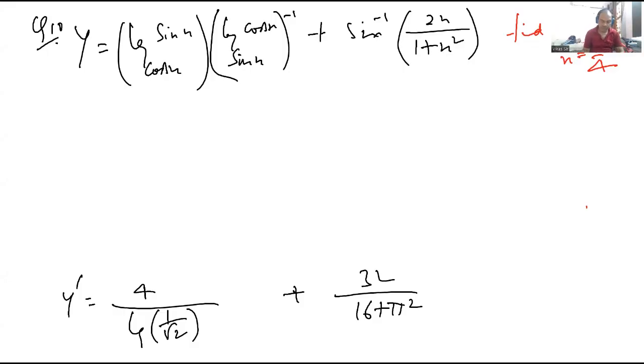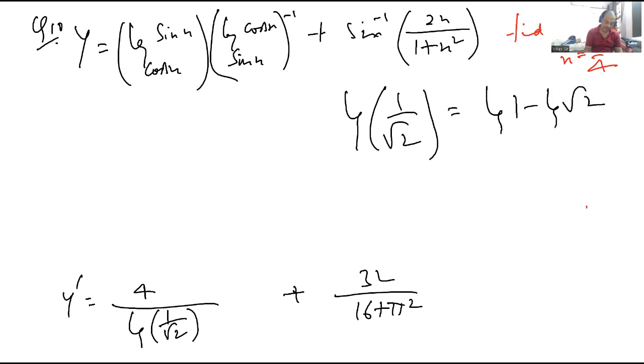Now what we have to do is solve this part, log 1 over root 2. This is log 1 over root 2, and it will give you log 1 minus log root 2. Furthermore, we know that the value of log 1 is equal to 0.